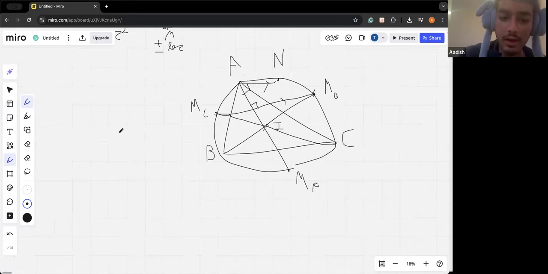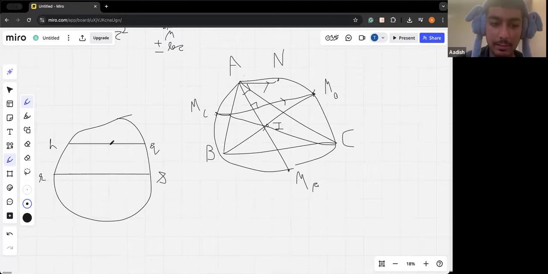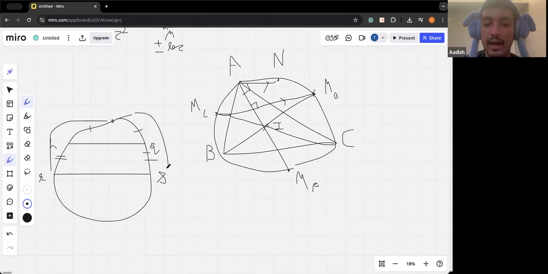One thing you can say about parallel chords in a circle is, suppose you have a chord PQ and another chord RS. For them to be parallel means they have the same arc midpoint. This arc length equals this arc length, and since they're parallel, this arc length equals this arc length, so this combined arc length equals this combined arc length.